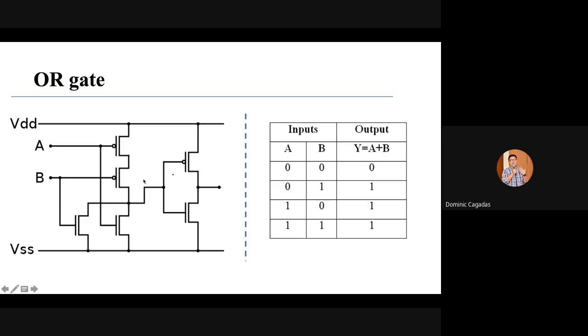Okay. So if this is low, this one PMOS here is on, this one off. So imong output is high, because this one is turned on. Okay? Nasabtan ba, class?